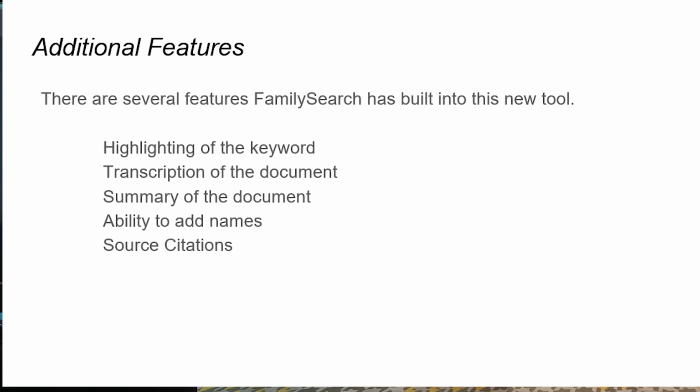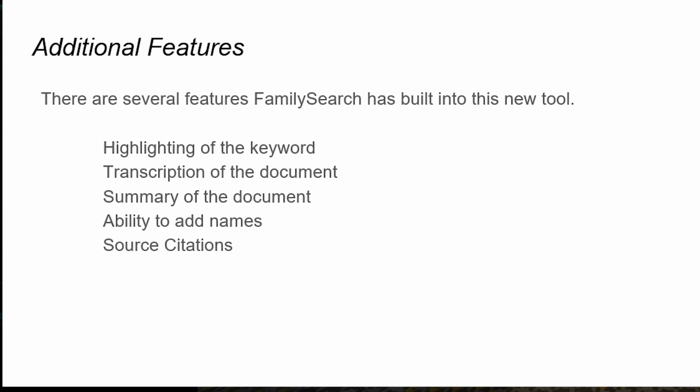Okay, so the couple of other little features that they have built in that I really like is, one, you've already seen the highlighting of the keywords. There's nothing more annoying than finding the record you think you want, going over to it, and now you're having to read all of it because they haven't highlighted it. So they've been nice enough to highlight the keyword.